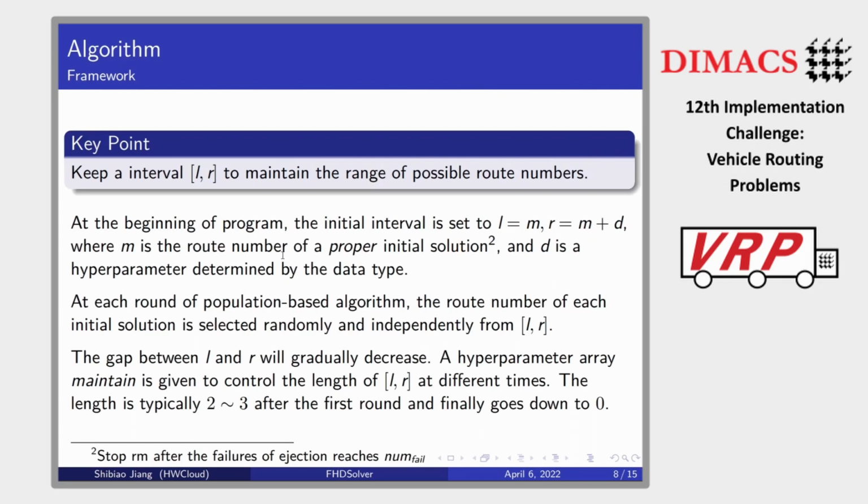This length is typically 2 or 3 after the first round, and goes down and finally to 0. 0 means that L equals R, and that means we have verified the optimal root number, and we just need to optimize our solutions with this root number.